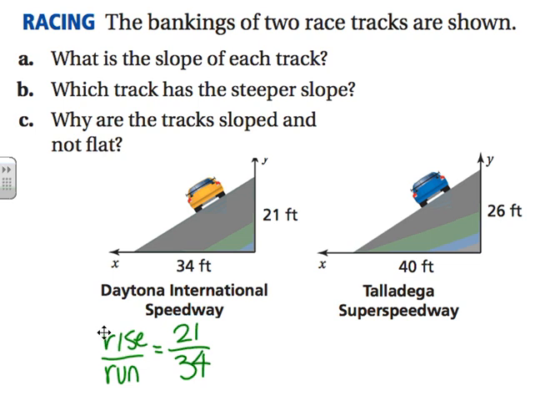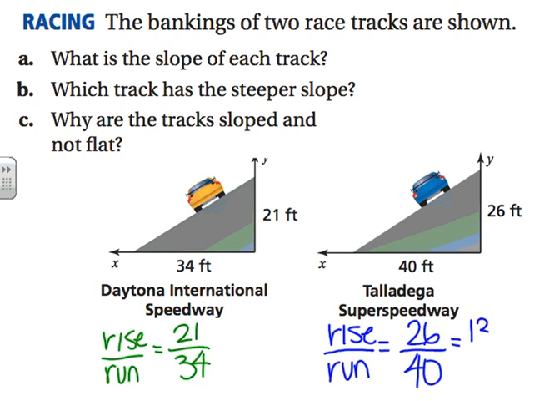The second racetrack, rise over run, would be 26 over 40. So we have the slope of each one. The second one can actually be simplified down. If I divide by 2, I get 13 20ths.